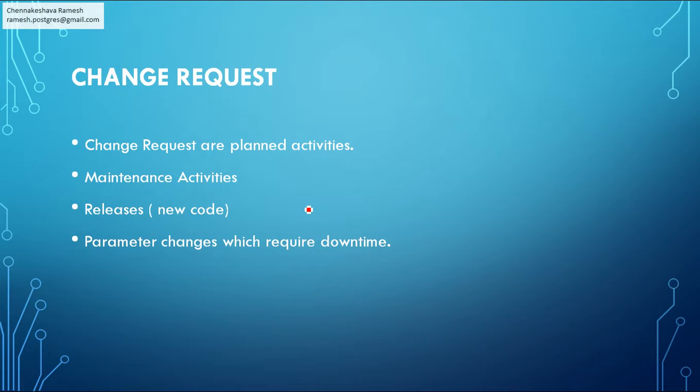Then you have change requests. Now, change requests are planned activities. So, your regular maintenance activities or new code releases, some parameter change. I want to change some parameters which requires an outage. Now, those kinds of changes can be planned in advance and executed.